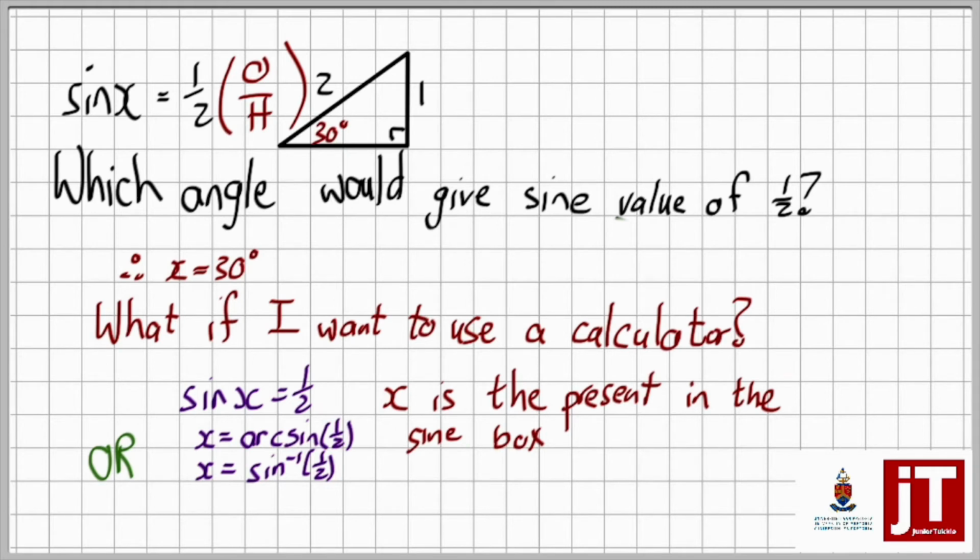There is a reason why I use arc-sine, because mathematically speaking, that's the correct one. But most of you would rather use just sin to the negative 1 or shift sin. It's not really a math function, but let's leave it there. If you put shift sin of a half in your calculator, you get 30 degrees, the same as we got previously. So the calculator just makes life easier.